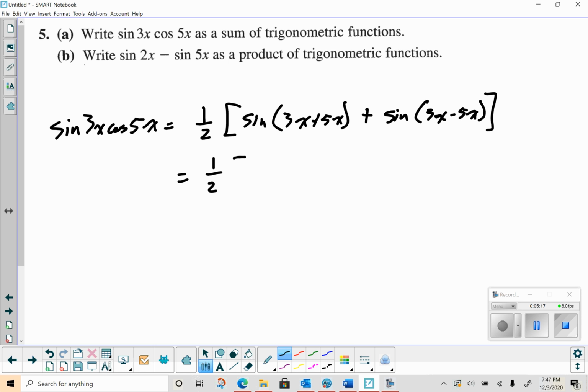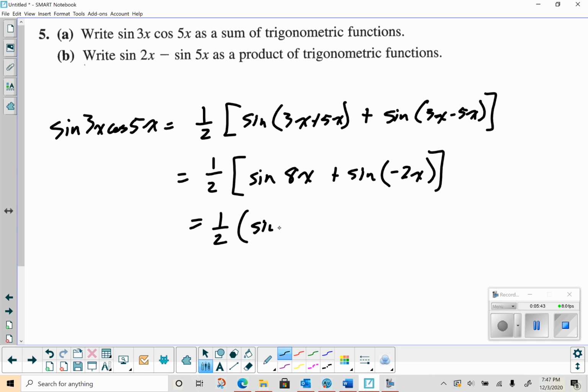So again, that coefficient of 1/2 stays where it is, simplify inside the parentheses. So this is the sine of 8x plus the sine of, oops, negative 2x. Well, we can get rid of that second set of parentheses, so we don't need the brackets anymore, if we acknowledge even odd functions here.